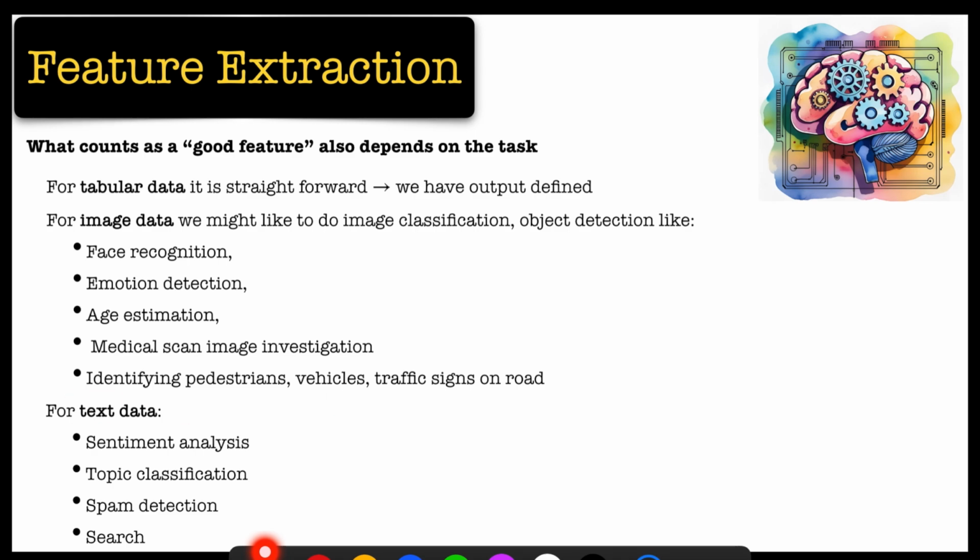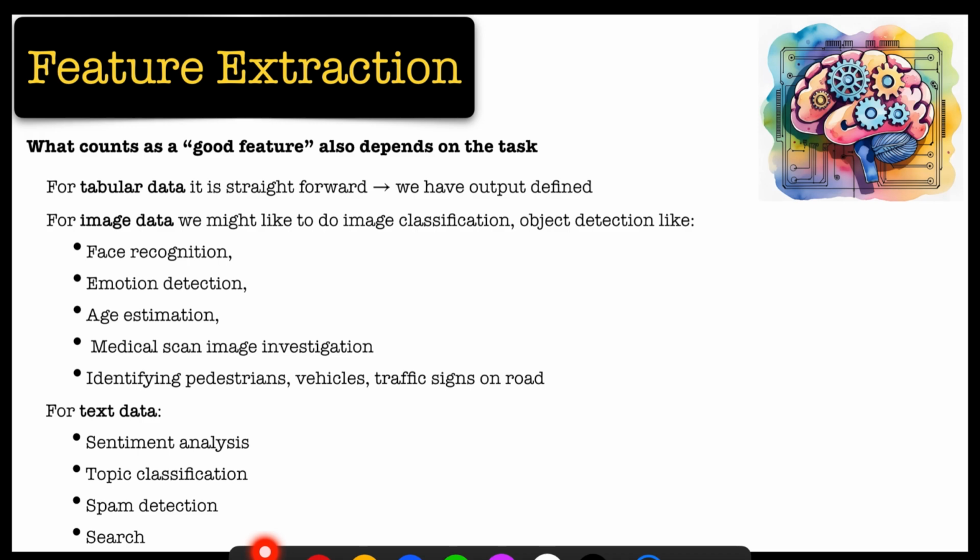For text data, if we have raw text data, we can try to do sentiment analysis. So let's say if a customer is commenting or reviewing a product, we can try to understand whether it's a positive review or a negative one. Topic classification. So let's say if we are given some raw text, we can try to understand, based on the words, phrases, and context, what type of document it is.